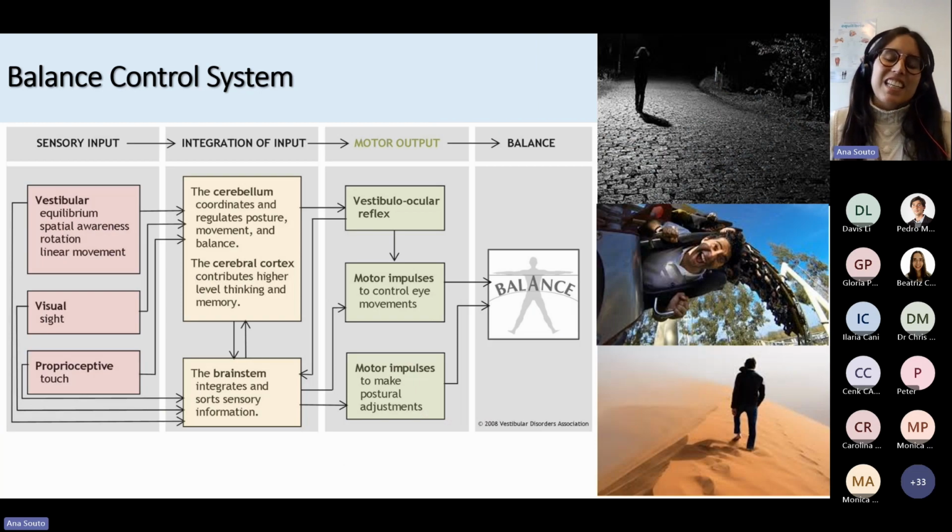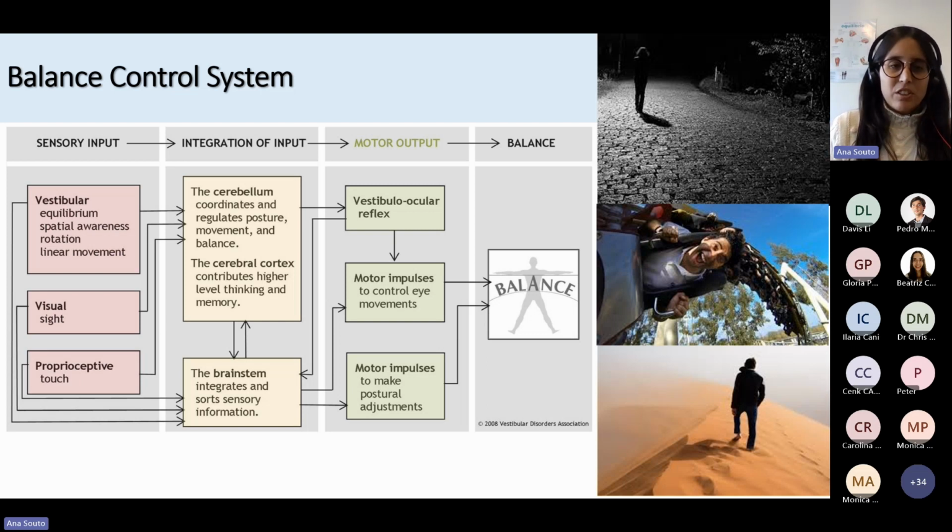So as I already said, it's a very complex mechanism and a very complex neural network, as you can see in this graph. So our balance system must have the ability to orient our body in relation to the gravitational vertical using the vestibular system, and to be aware of our body position and movement in space using the visual, the vestibular, and the somatosensory systems.